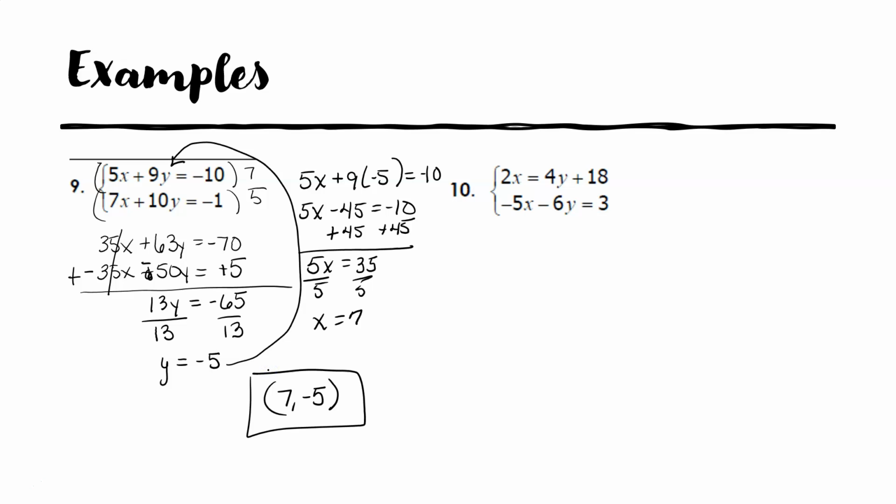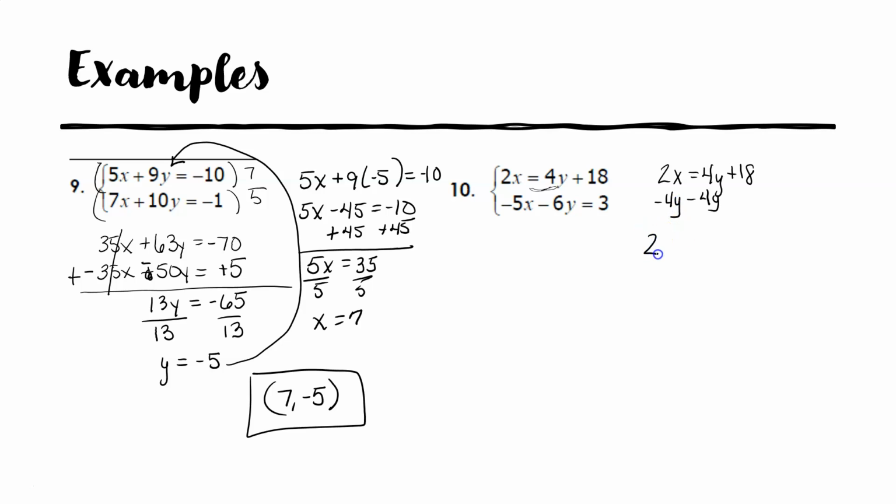Okay, last one of these. Everything's not lined up. Those equal signs are not lined up. So I think what I'm going to do is rearrange this, and bring that y over to the other side.